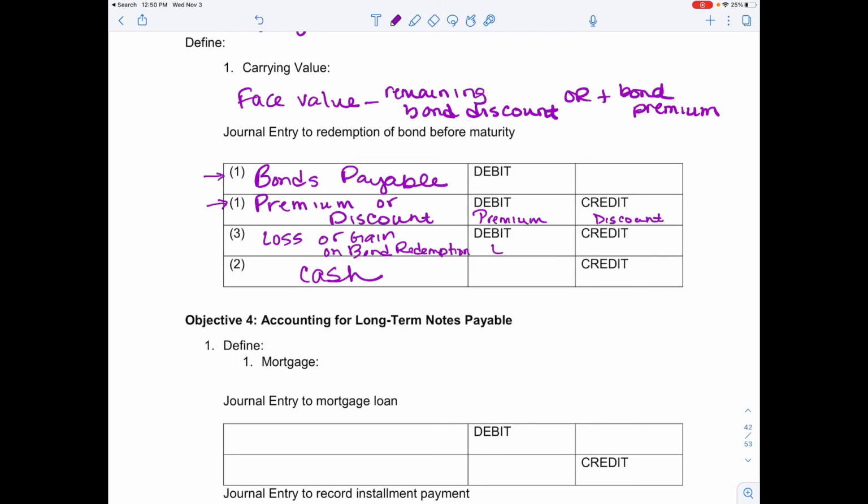Again, if I have a loss, it's going to be a debit. A gain is going to be a credit. And we just fill that where we need to, because your debits have to equal your credits.